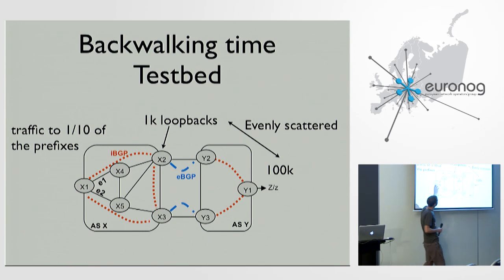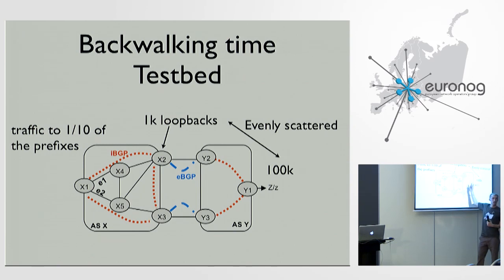And then what we did is that we fail X2 and we look at how much time is required for NY1 seeing traffic after the failure. So we fail X2 and we simply watch the clock.